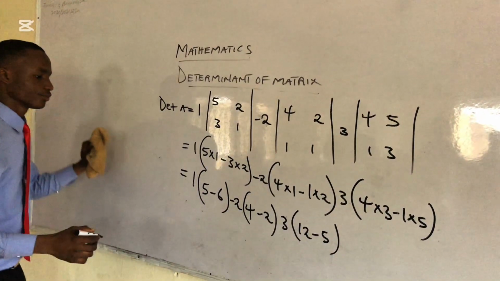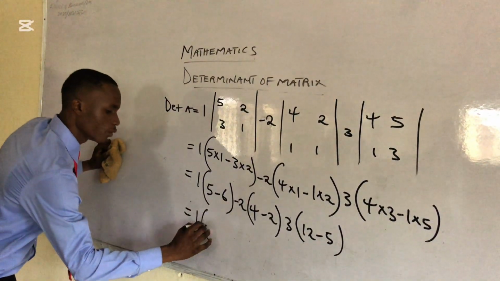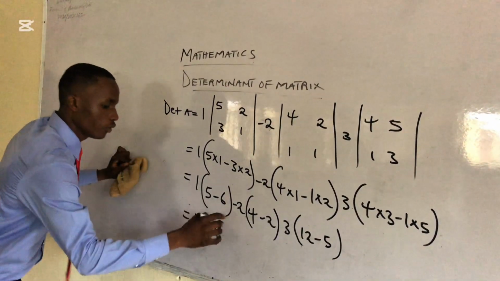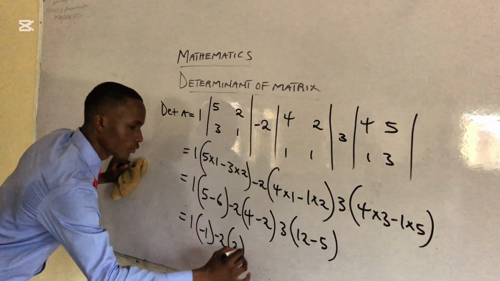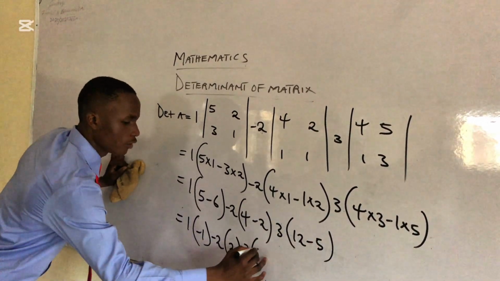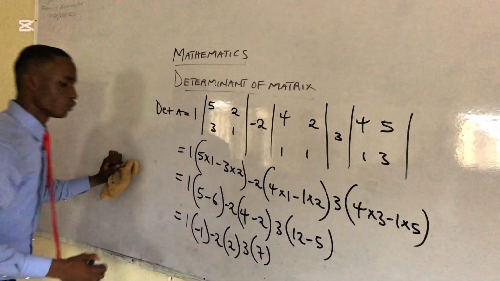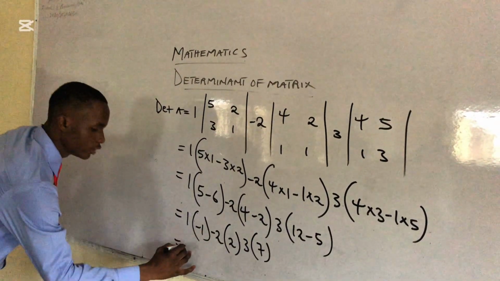So let's go. We have 1 into 5 minus 6 will give me minus 1. So we have minus 2 into 4 minus 2 will give me 2. Then we have 3 into 12 minus 5 will give me 7.